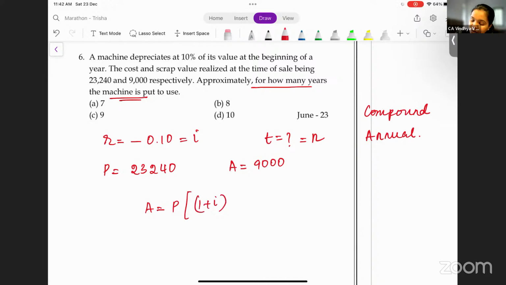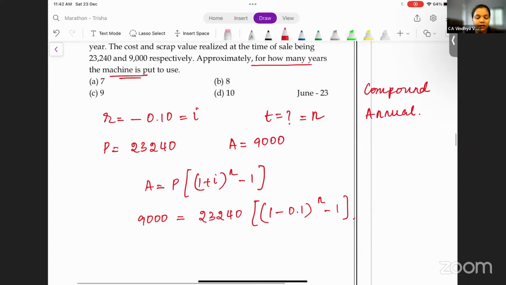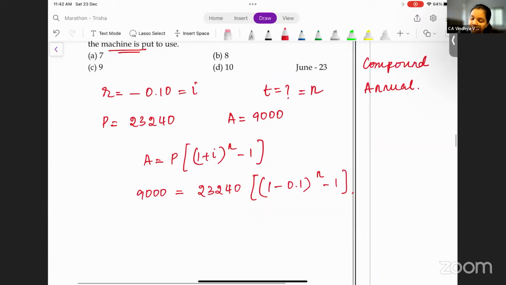A is equal to P into (1 plus I) to the power N. So you get 9,000 is equal to 23,240 into (1 minus 0.1) to the power N. Okay, first step, 9,000 divided by 23,240, which means 0.3873 is equal to 1 minus 0.1, which is 0.9, to the power N.